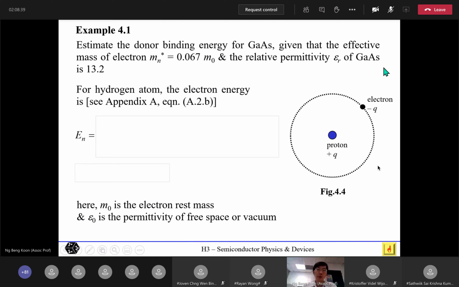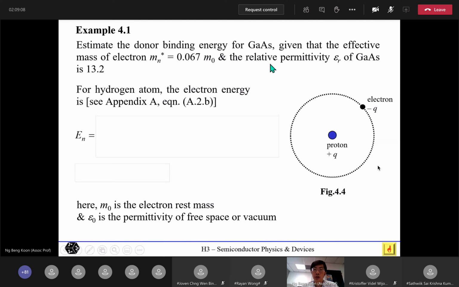Okay, let's do an example to see how we can estimate the donor binding energy for gallium arsenide by considering the hydrogen-like atom case. Suppose I have gallium arsenide and you have donor atoms in the gallium arsenide crystal.